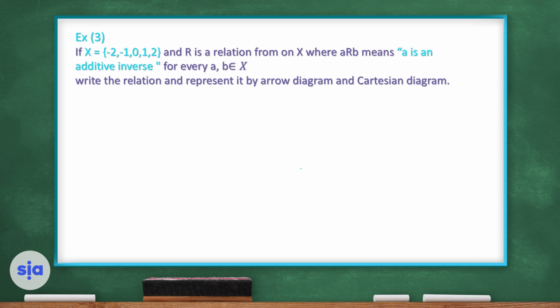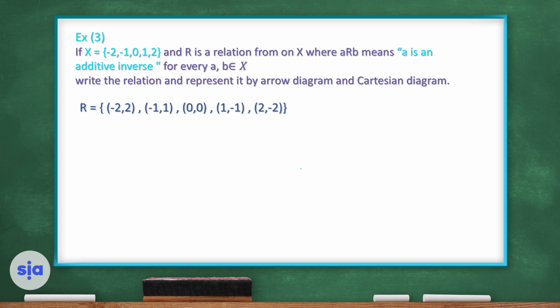Yes, it's 2. And the 2 is there in the set because the question said that A and B both belong to set X. So the first ordered pair we have will be (-2, 2). And so on. The additive inverse of -1 is 1. The additive inverse of 0 is also 0 for sure. The additive inverse of 1 is -1, and the additive inverse of 2 is -2.